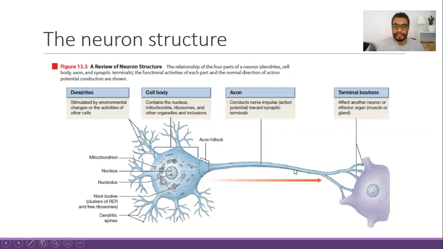The axon conducts the nerve impulses to another cell through the terminal buttons or axon terminals, which connect with another neuron. So basically the action potential travels from the cell body through the axon to reach another cell. This is the basic structure of a neuron.